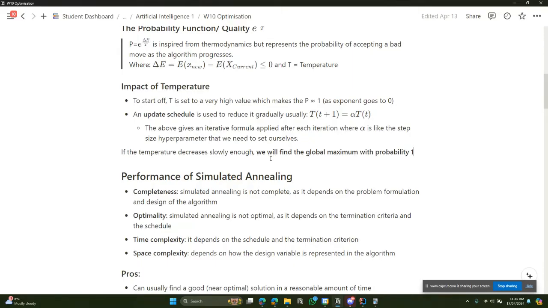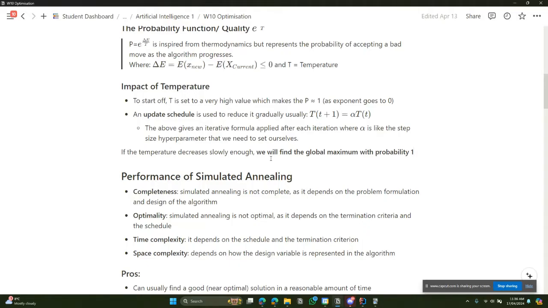So that really goes to show how gradually the temperature goes down. We will get 99% of the temperature each time there's an iteration. So you will only lose 1% each time. And when you do this, that is what ensures you get to a global optimum rather than a local one.